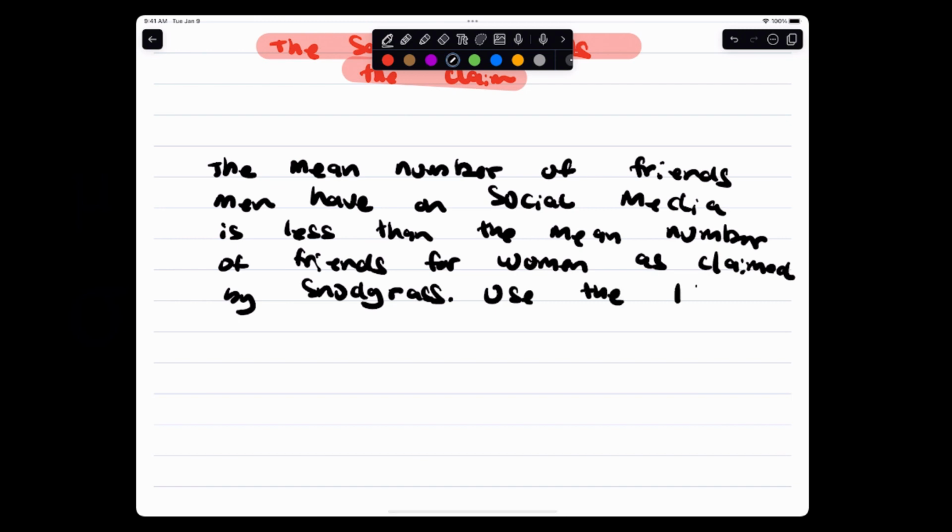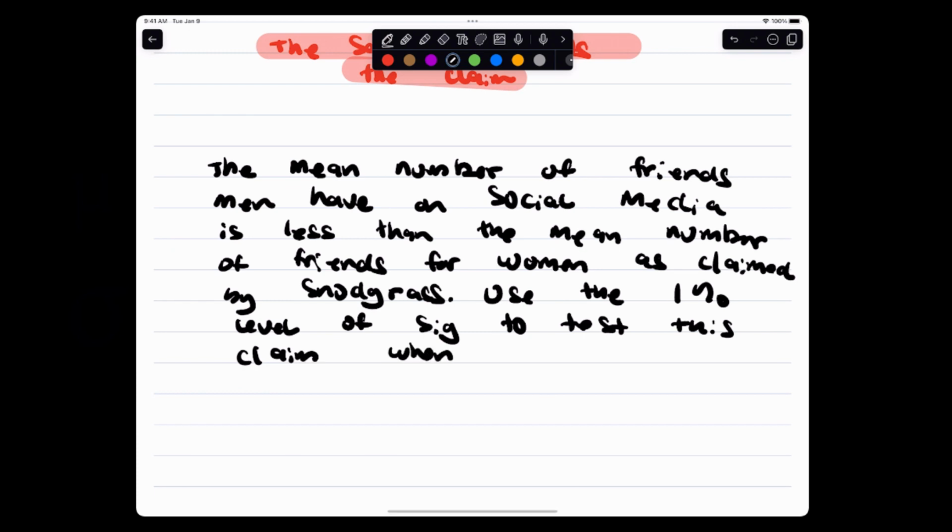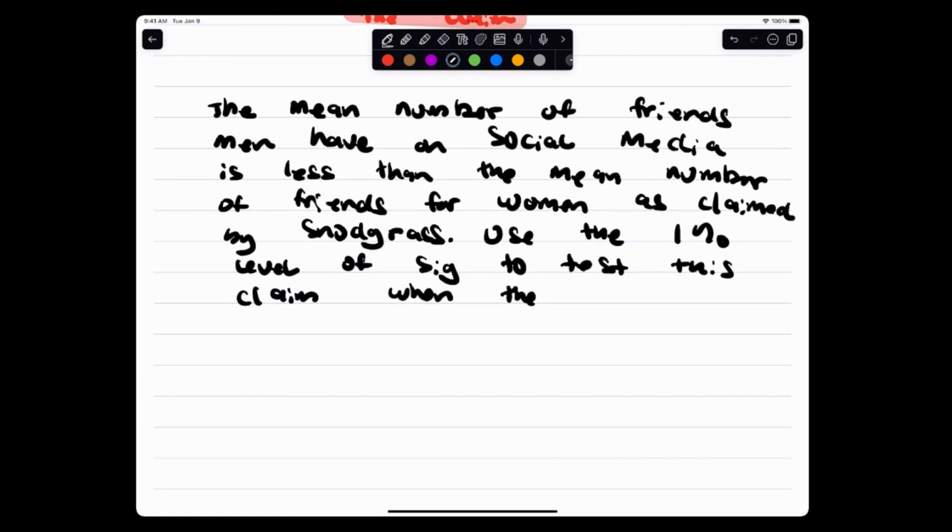Use the 1% level of significance to test this claim when the sample information is below.